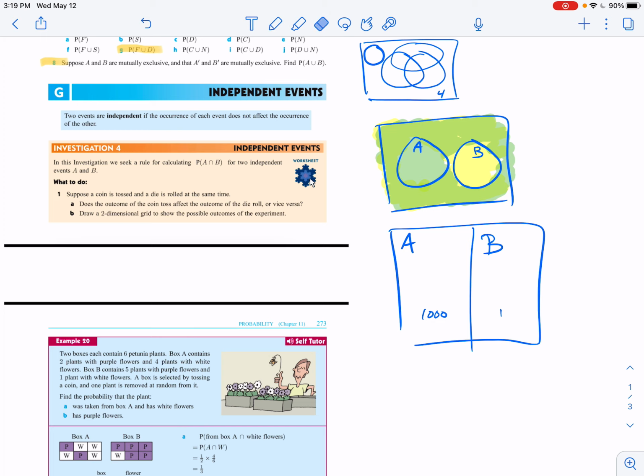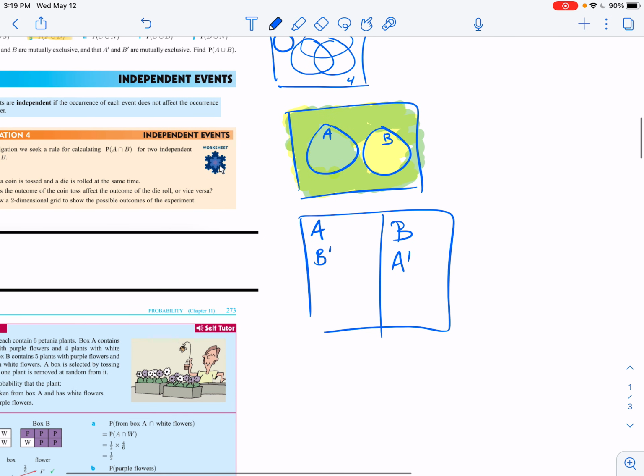But basically, if this region here is A, then this region here is A prime. And if this region here is B, then this region here is B prime. And now A and B are mutually exclusive, and A prime and B prime are mutually exclusive. Therefore, the probability of A union B, that's everything, is going to equal 1.